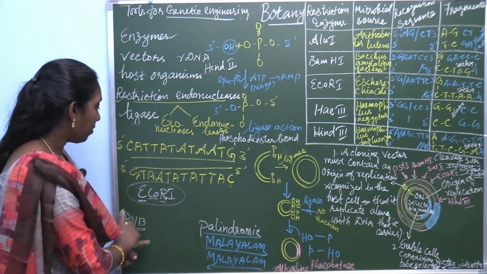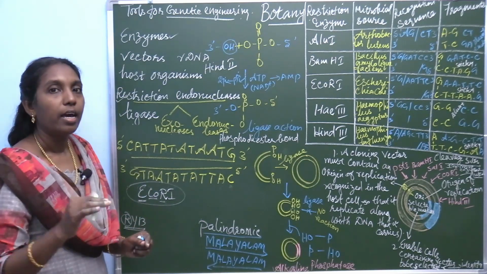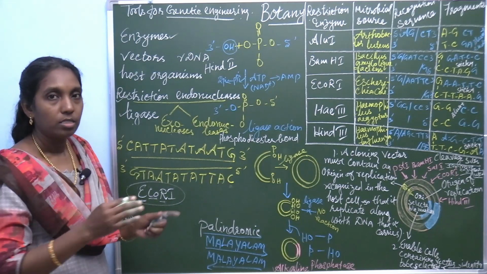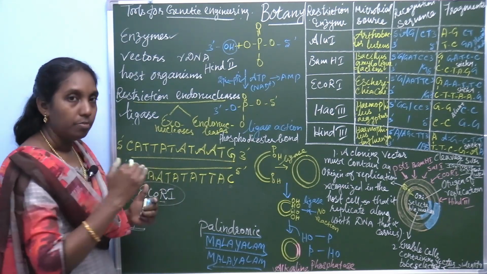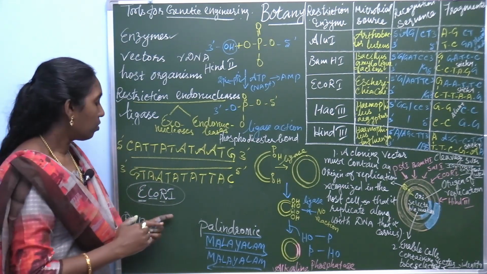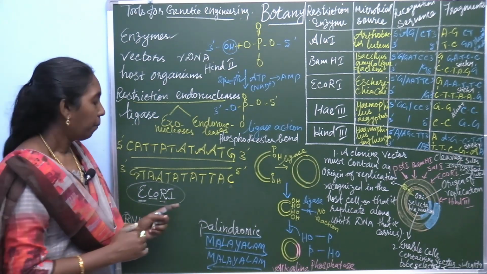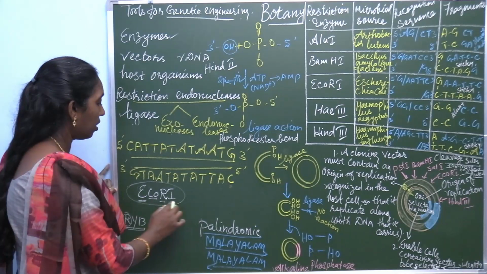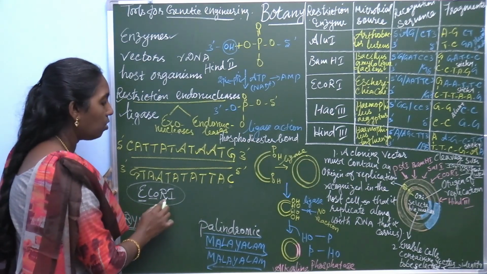Finally it ends with a Roman numeral, 1, 2, 3, based on the order of discovery. This was the first enzyme discovered, so it is named 1. The name of this enzyme is EcoRI.